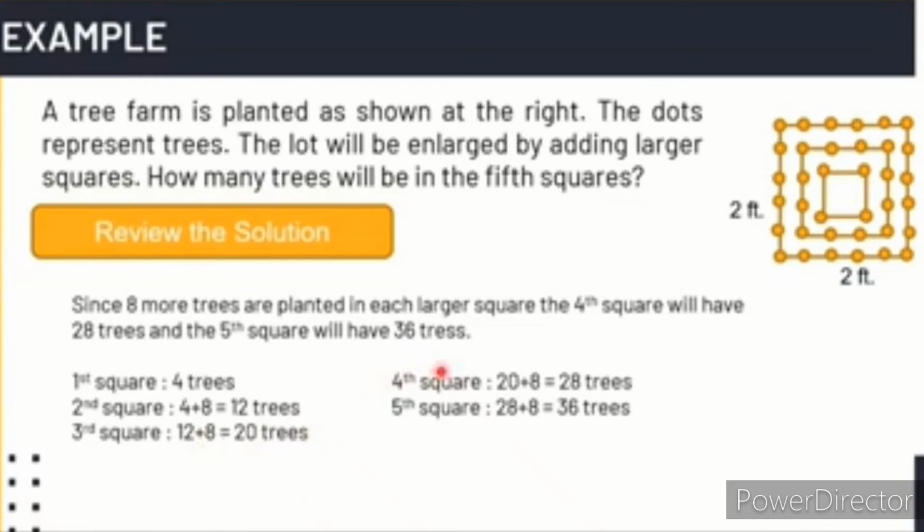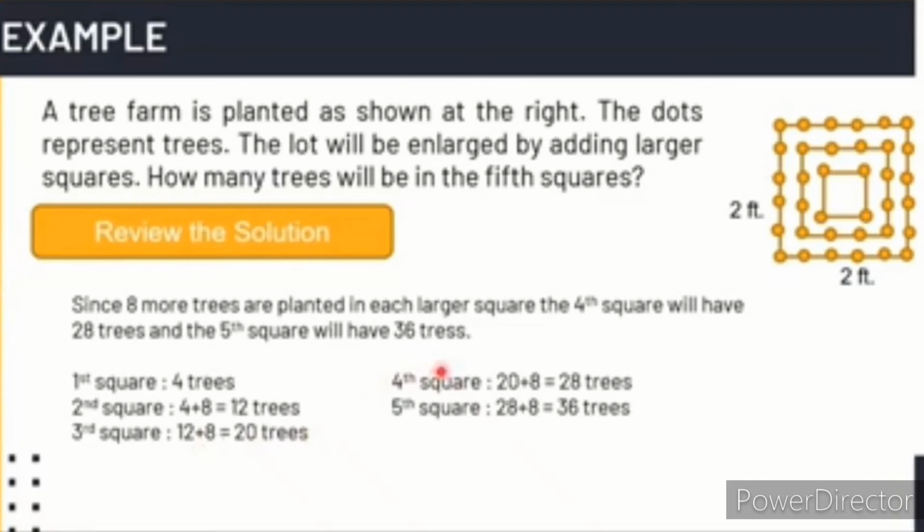The last step is review the solution. Since 8 more trees are planted in each larger square, the fourth square will have 28 trees and the fifth square will have 36 trees. So the first square is equal to 4 trees.